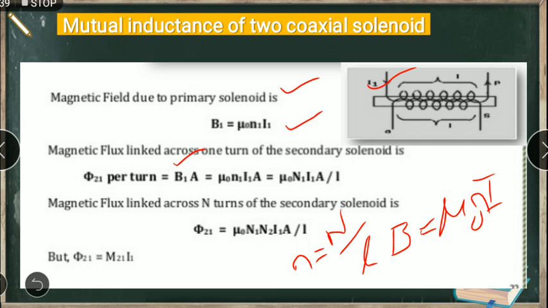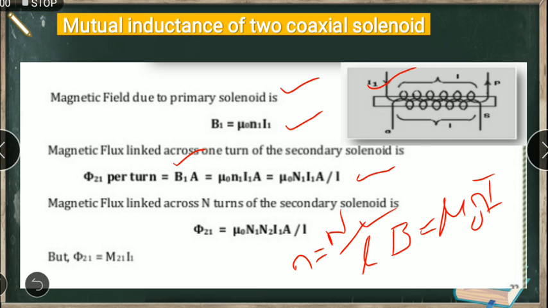Substitute the value of B1 here, that is mu naught N1 I into A. If I substitute the value of n as N by L, what will I get? Mu naught N1 I1 A divided by L.